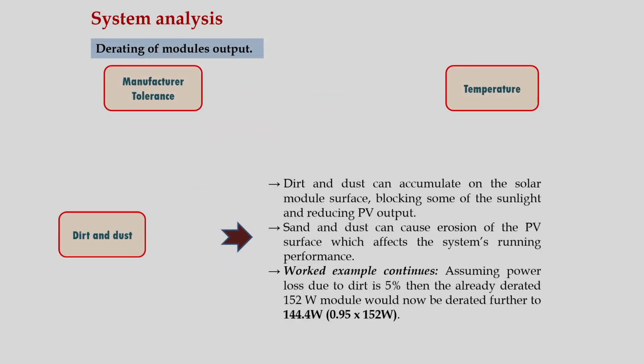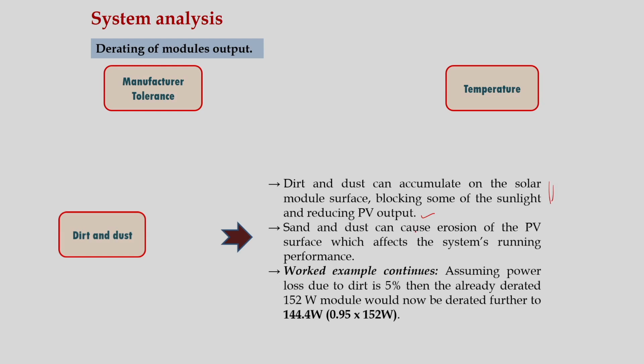Now, let us discuss dirt and dust. Dirt and dust can accumulate on the solar module surface, blocking some of the sunlight and reducing PV output. This phenomenon we already studied, what happens when we block some of the modules or cells with elements like dust, maybe leaf or maybe other unwanted foreign materials.